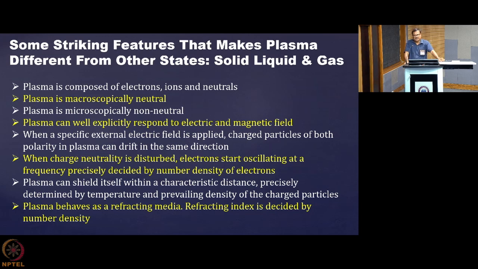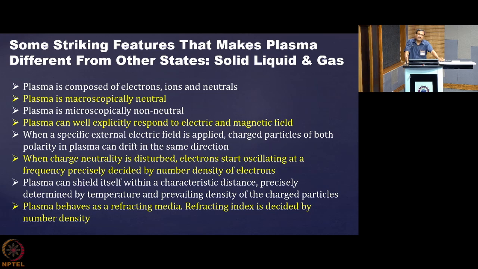So some striking features that make plasma different from other states I have mentioned in this slide. So you can count some of them and you can try to understand that they are a little different from what a solid, liquid, or gas behaves like.